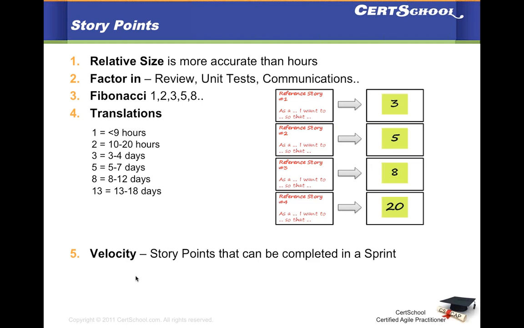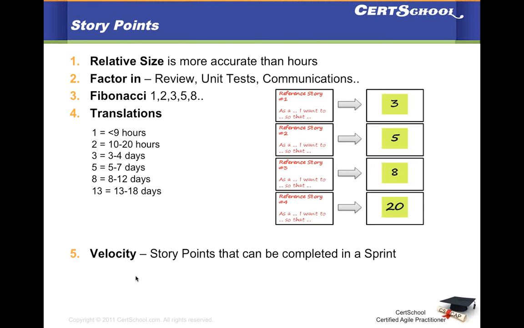But the fact of the matter is, because you're tracking your velocity in story points, being unitless and relative, it is more accurate than trying to identify a velocity in terms of days. If you try to calculate your velocity in terms of days, it would be very risky to do story commitment based on that, because your velocity would come out to be maybe 250 days, depending on the size of your team and how long your sprints are.